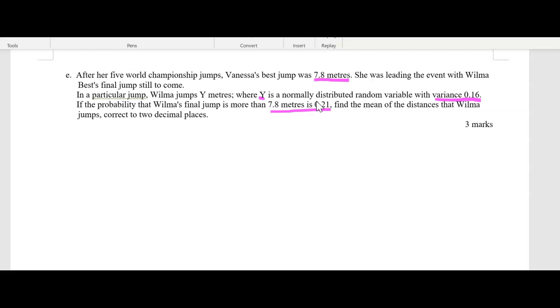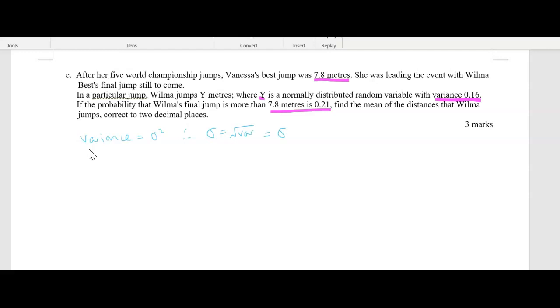Now, when I say this variance, I know that the variance is equal to standard deviation squared. So that means, therefore, your standard deviation is the square root of your variance.